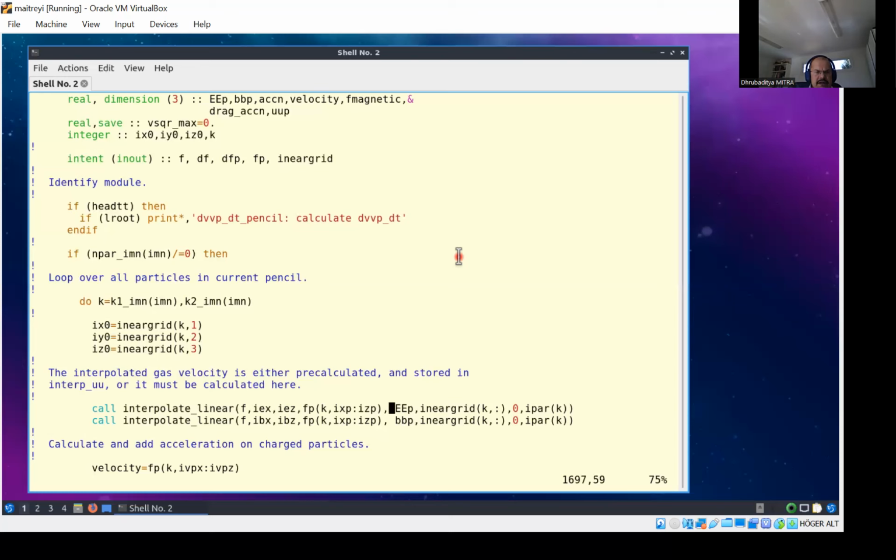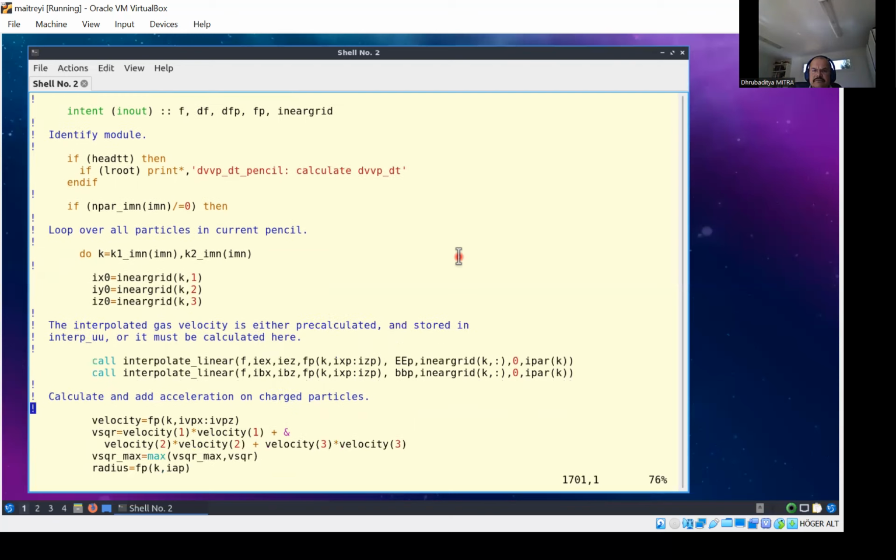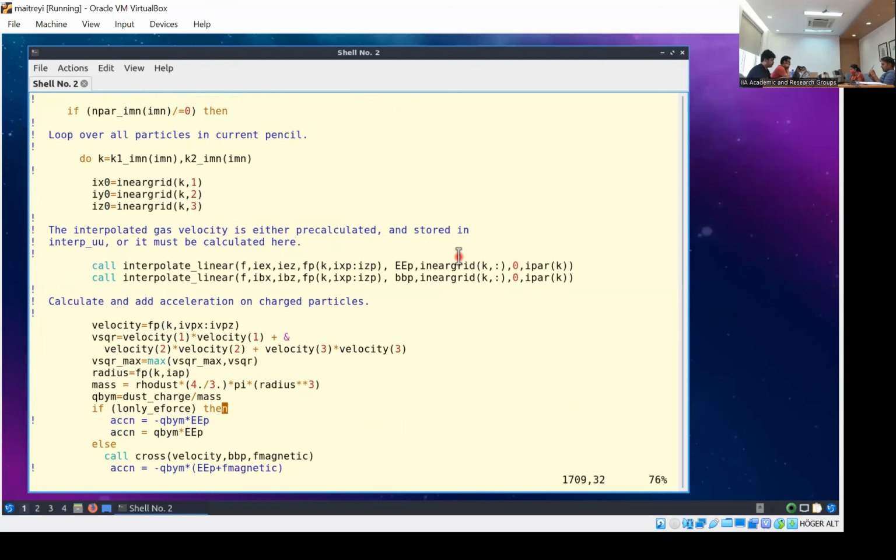This is how you interpolate the electric field, and this is how you interpolate the magnetic field. Both of these assume that the electric and magnetic field are known as an array. Otherwise, when you give these indices for the f array, you will get a floating point exception. Is that clear? Clear to everybody? Even those that are looking at their phones?